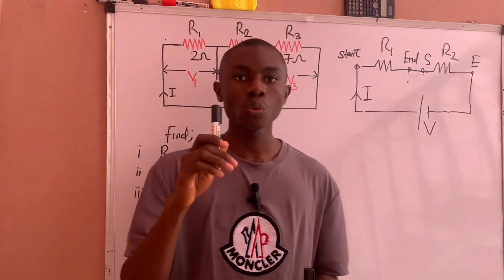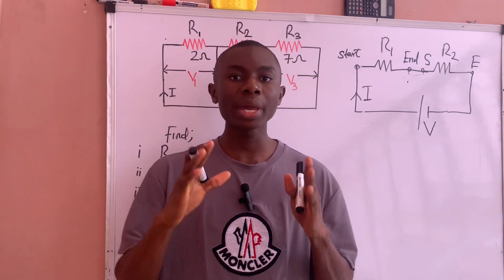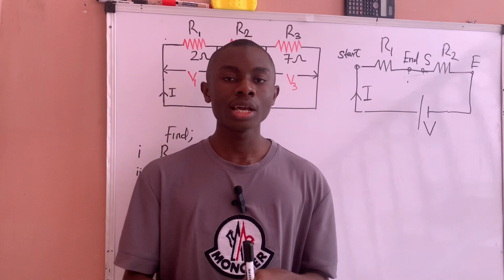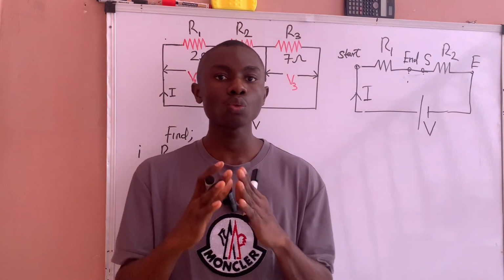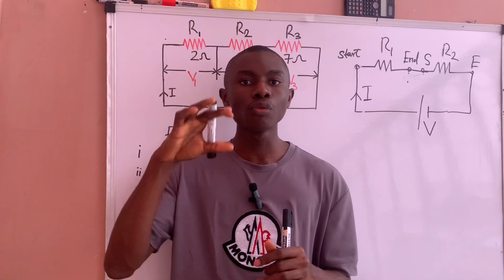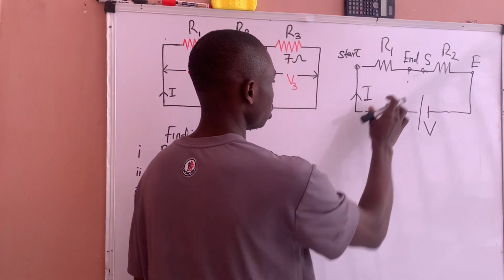And the question is why? The answer is because voltage drop depends on the resistance value of that resistor. That is what determines the amount of voltage that drops across each resistor.